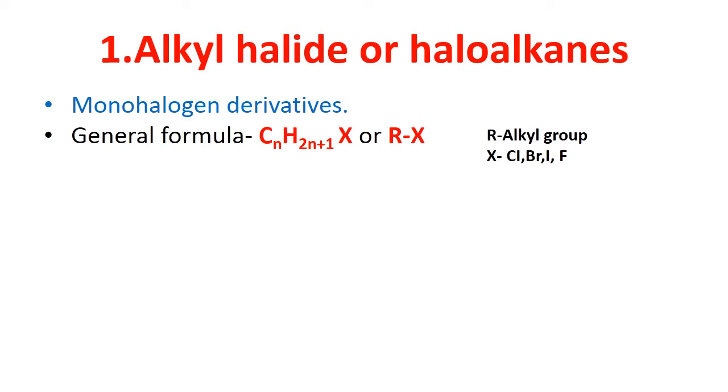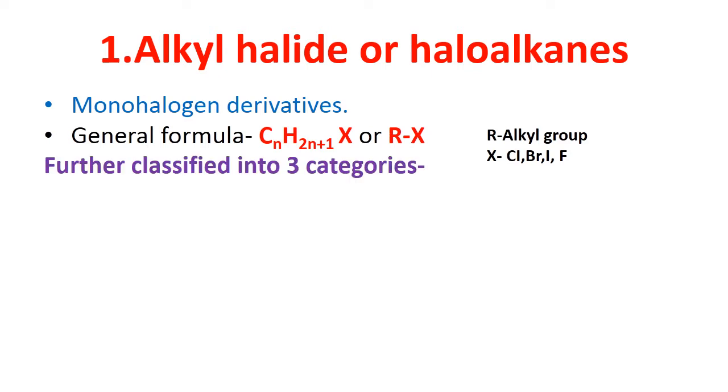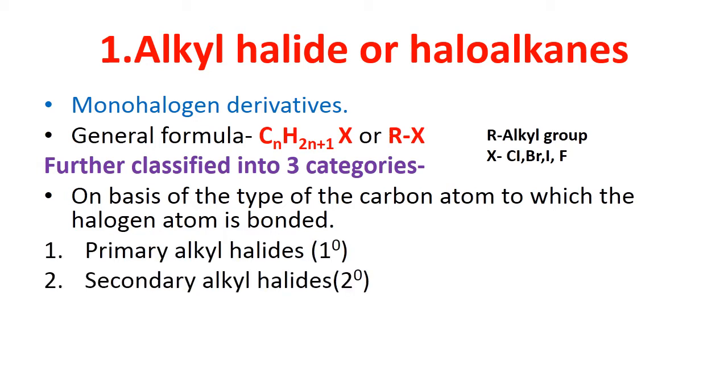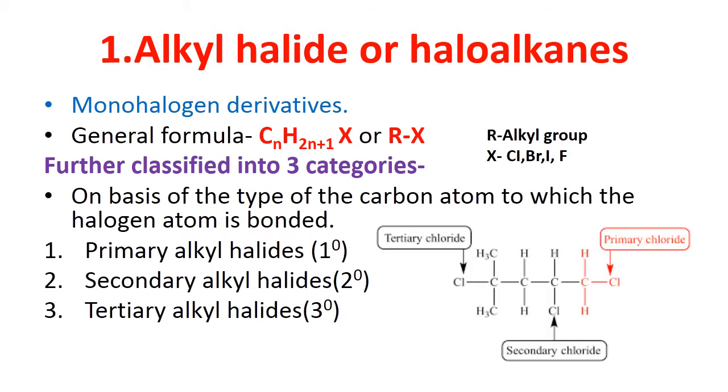These alkyl halides are further classified into three different categories on the basis of the type of carbon atom to which the halogen atom is bonded. It means that whether the halogen atom is bonded with a first carbon atom, second carbon atom or third carbon atom, on the basis of that these alkyl halides are classified. We call them primary alkyl halide, secondary alkyl halide and the last one is tertiary alkyl halide.